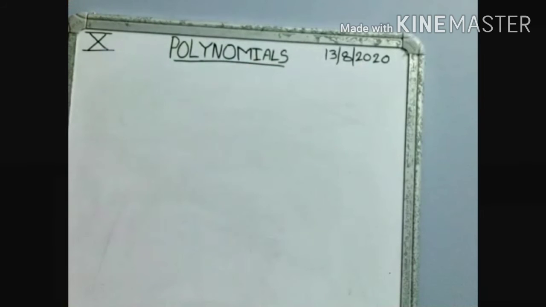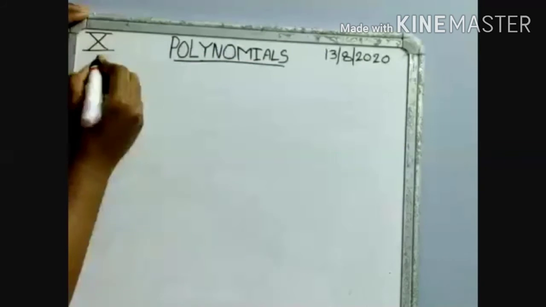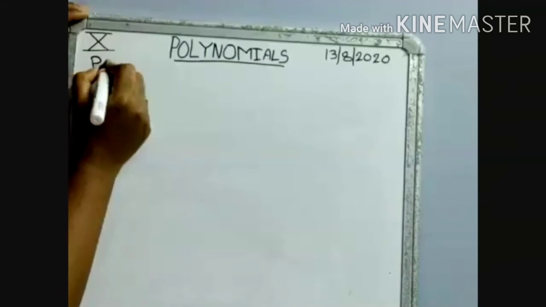See, after that, polynomial. Now we come to the definition of polynomial. What is meant by polynomial?